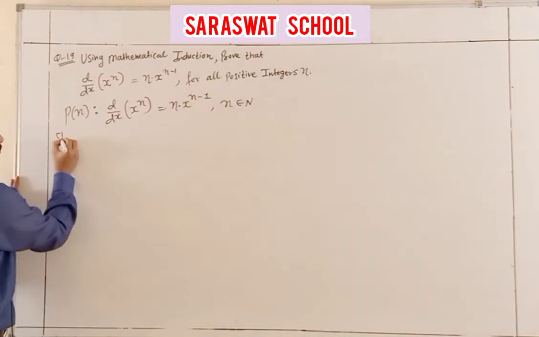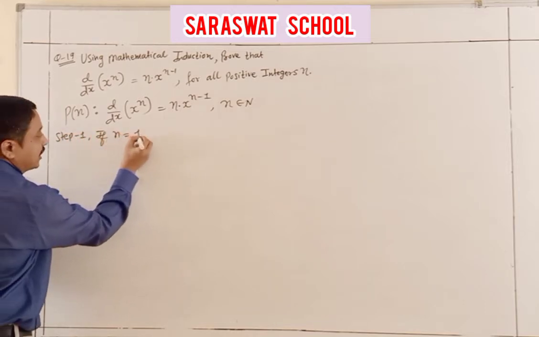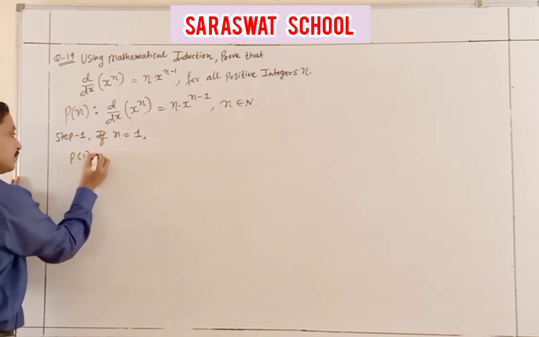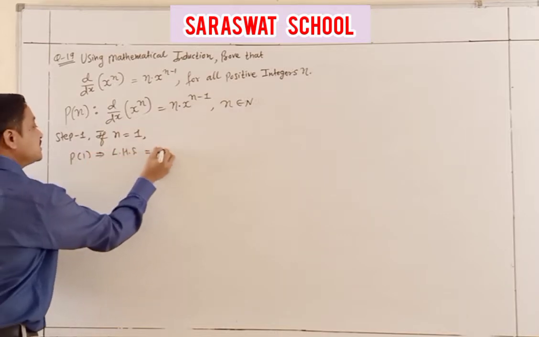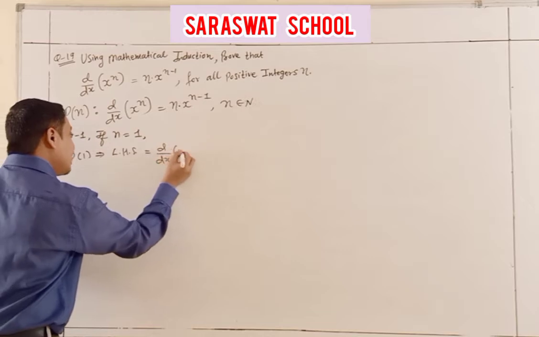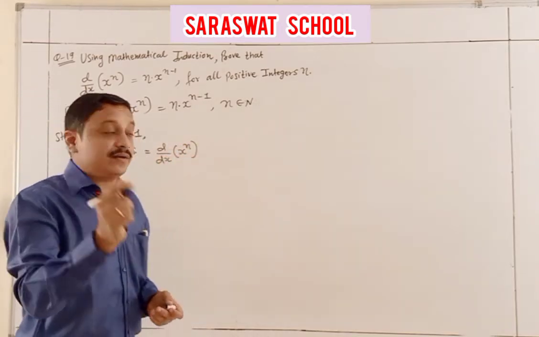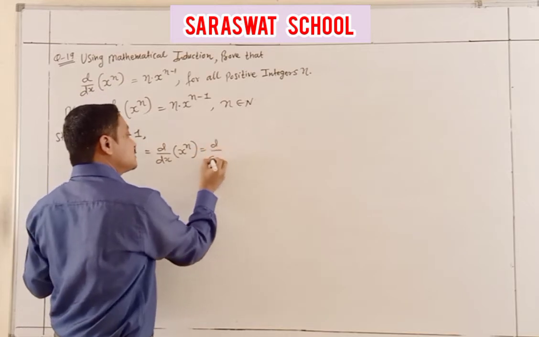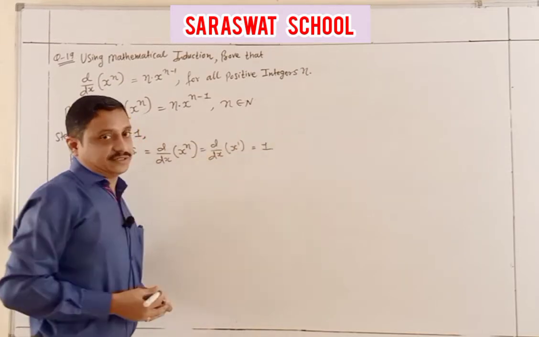So step 1: if n is equal to 1, what is P(1)? In the LHS, my LHS is d/dx of x raised to n, just putting n as 1. So d/dx of x raised to 1, my answer is only 1.